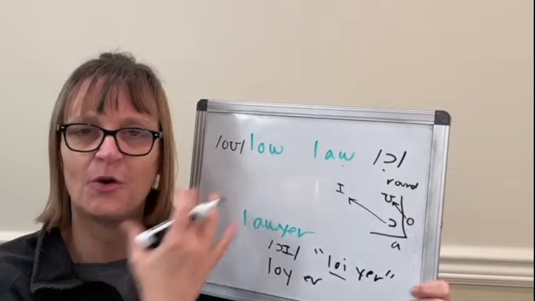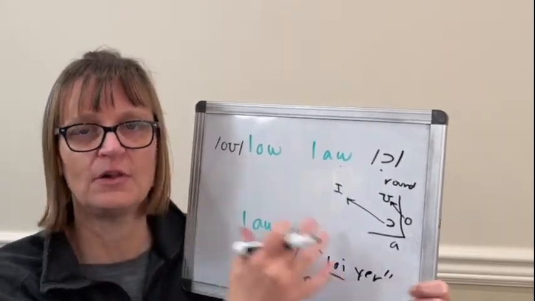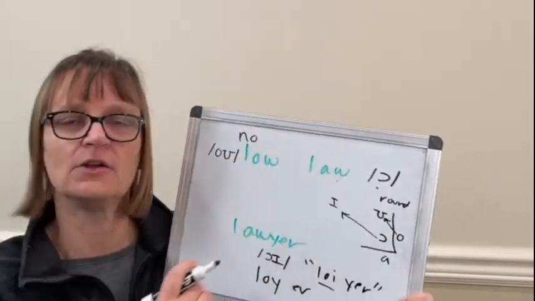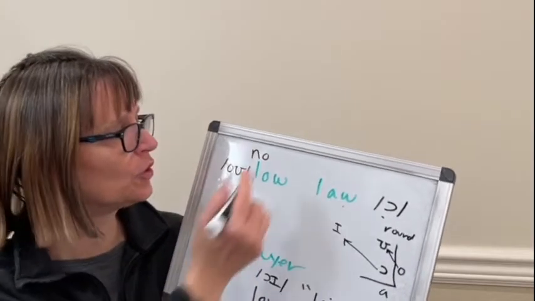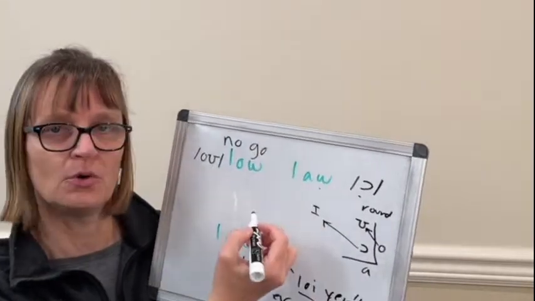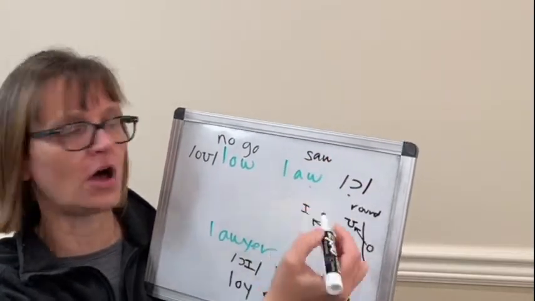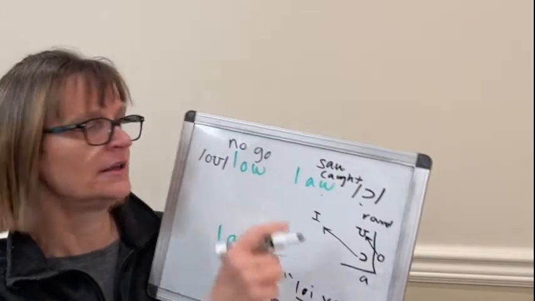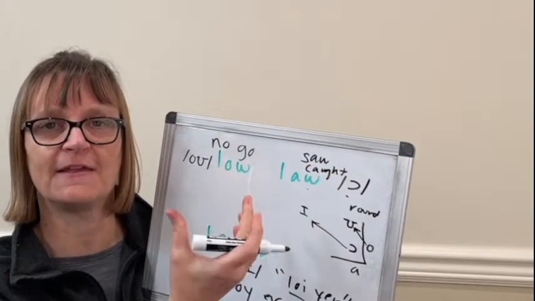A suggestion I always have for similar words like these is to take another word with the same vowel and use that for comparison. So just trying like no, low to keep those the same, or go, low. And then for law, trying saw, law, or caught, law. You're not going to have too much trouble between go and saw in making them different.